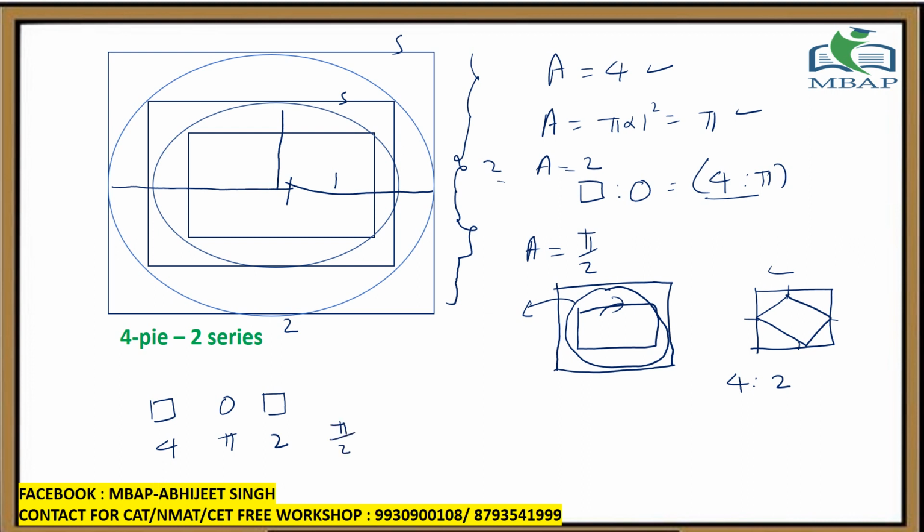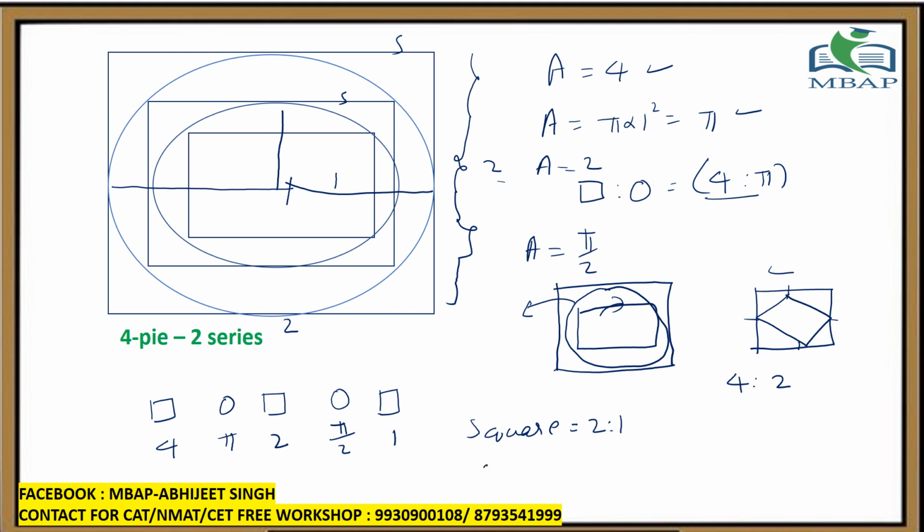What about the area of the next square that you can see in here? It's going to be 1, because all the squares in this case will be nothing but a series of GP where the ratio is always half, and the corresponding ratio of any two squares is going to be 2:1.